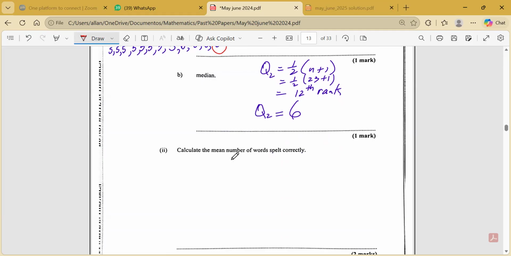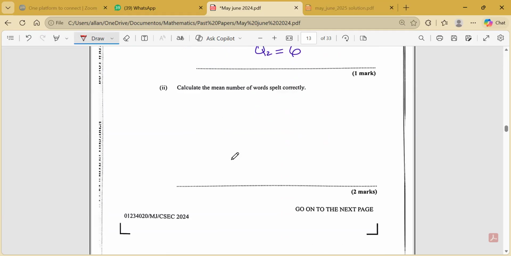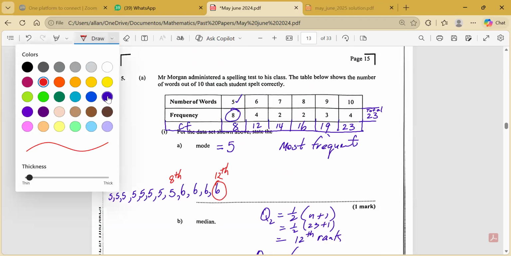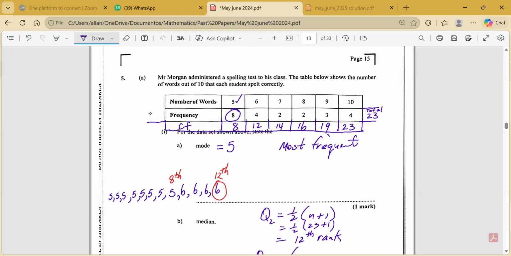Calculate the mean number of words spelled correctly. So what do we have to do to work out the mean again? If this is F and this is X, what do we have to do?